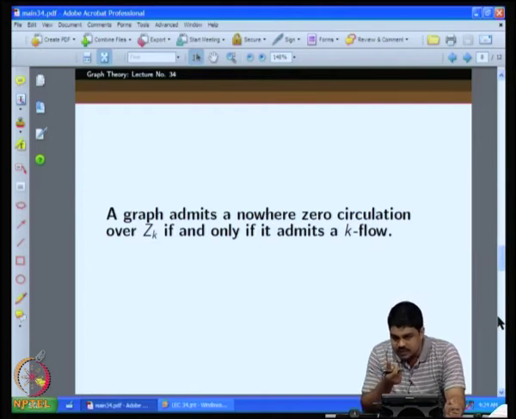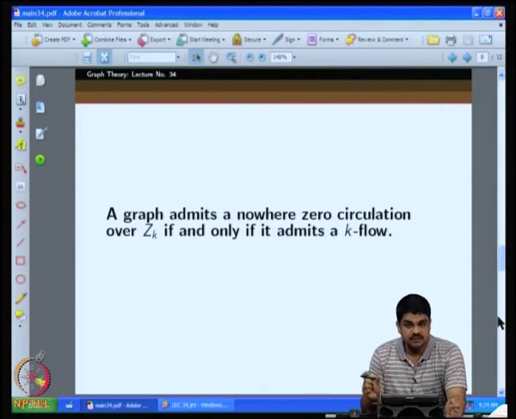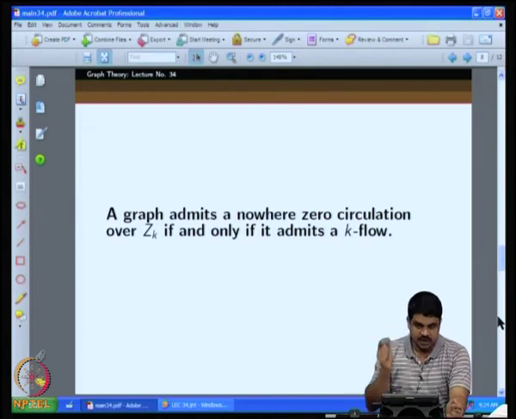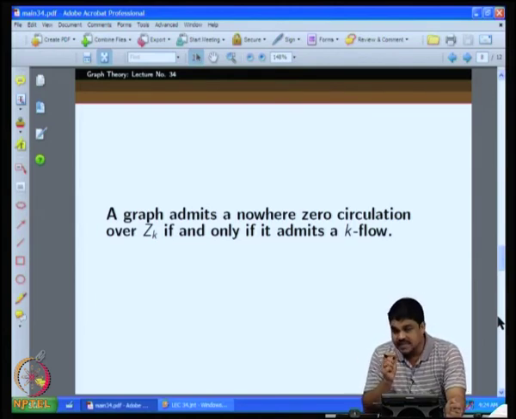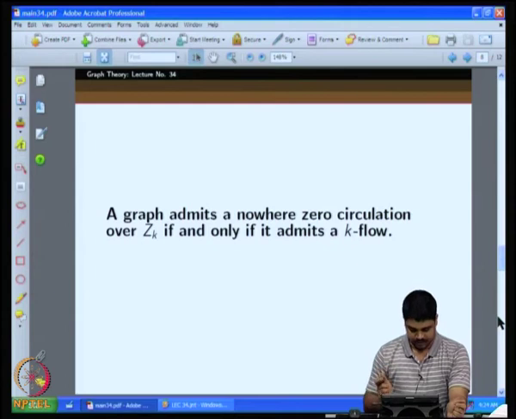So, the values are 0, 1, 2, 3, 4 up to k minus 1, the set k. The summation is now done modulo k. It is not the usual summation. We will sum and take the remainder with respect to mod k. So, this way also we can define it.